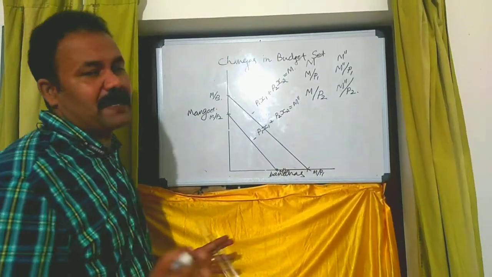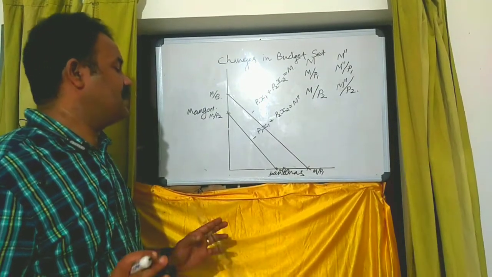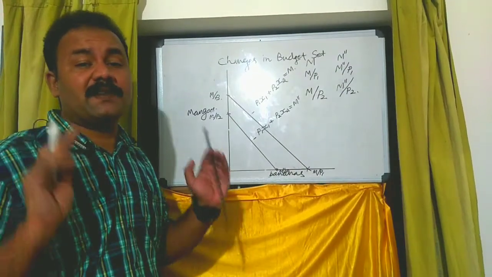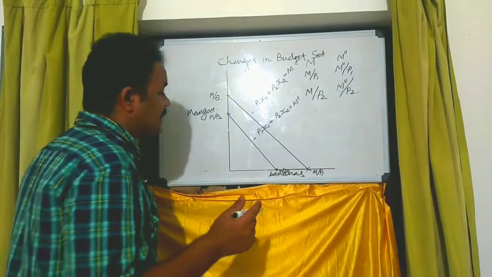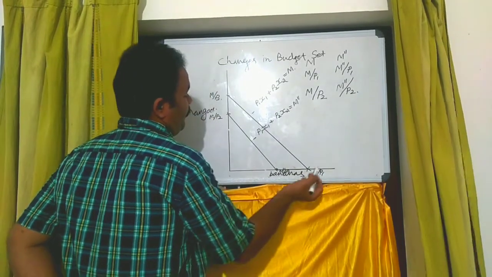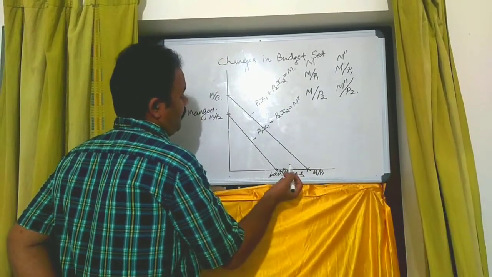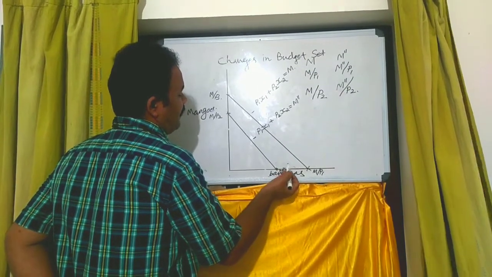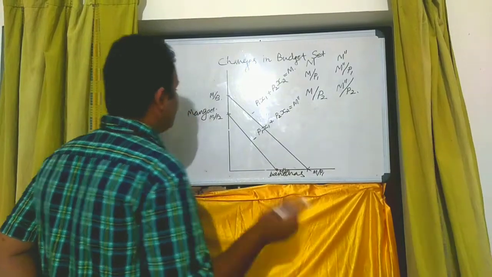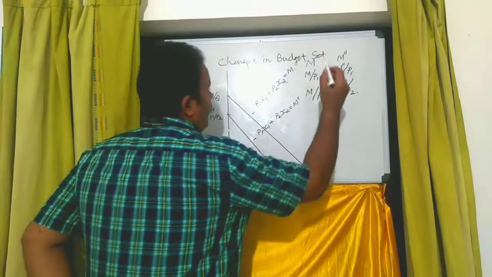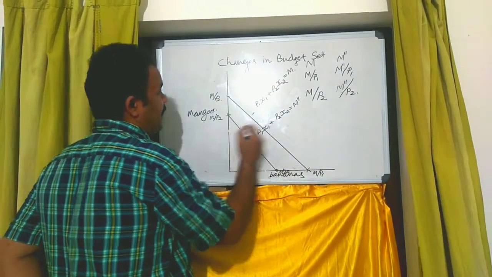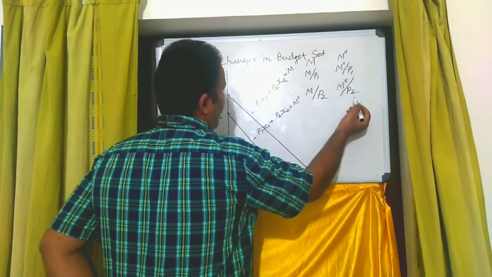There is no change in the price of bananas, but the income of the consumer decreases. As a result, the horizontal intercept M by P1 will shift leftwards to M double dash by P1. At the same time, M by P2 also shifts downwards as M double dash by P2.